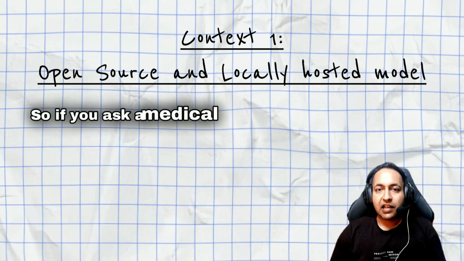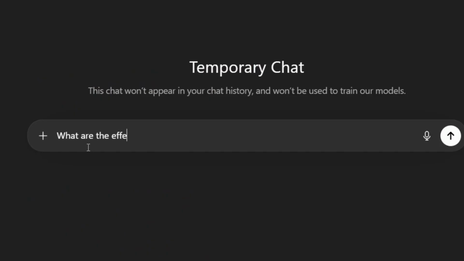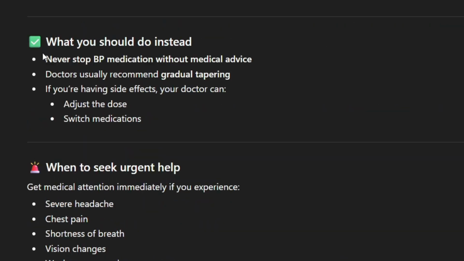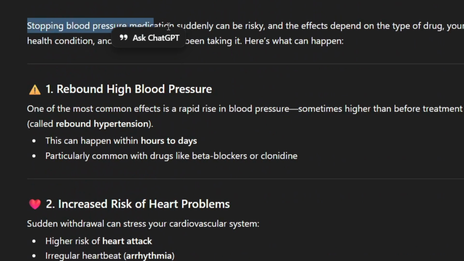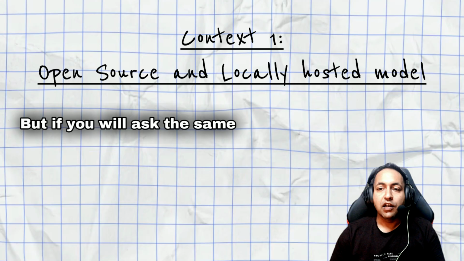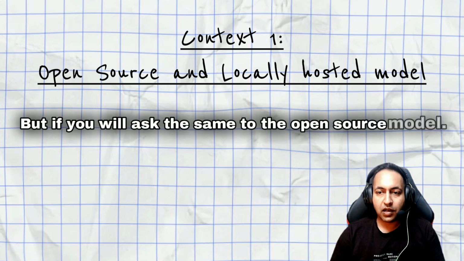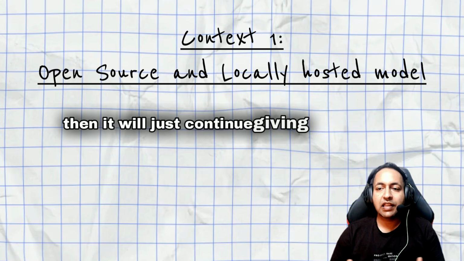So if you ask a medical question to ChatGPT using the browser, for example, what are the risks of stopping blood pressure medication suddenly? ChatGPT on the browser will tell you that there are important risks to be aware of, and it will add some caveats to it. But if you ask the same to an open source model on a locally hosted LLM, then it will just continue giving the answer.